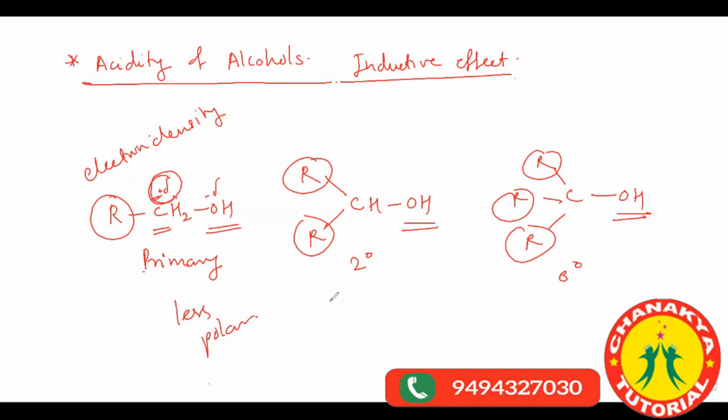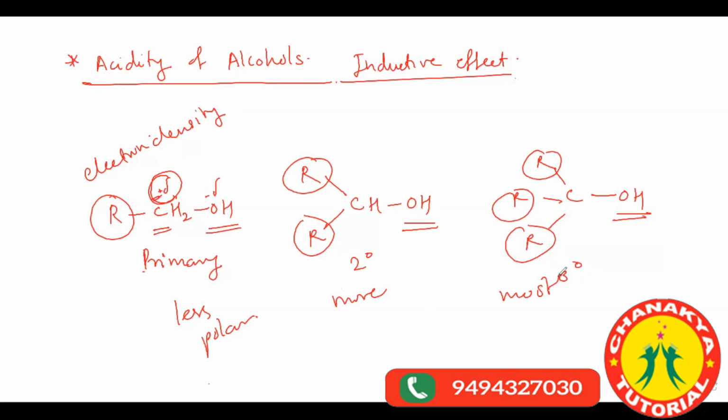It will happen more in secondary and most in the tertiary due to three alkyl groups. If one alkyl group is present, electron density is less. It increases when there are two alkyl groups, and it would be most when there are three alkyl groups due to the inductive effect. Hence the polar nature of the carbon and oxygen bond decreases, and hence your acidity also decreases.